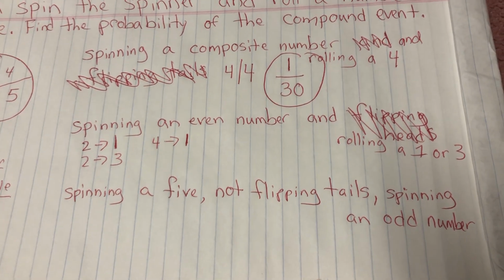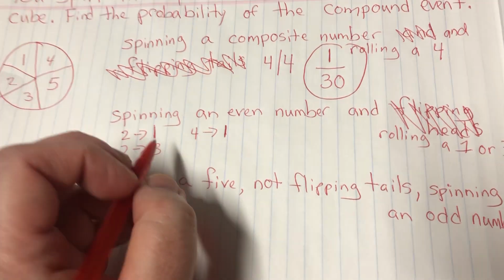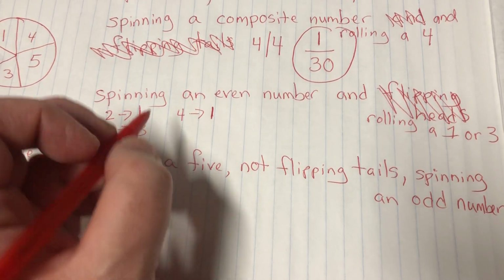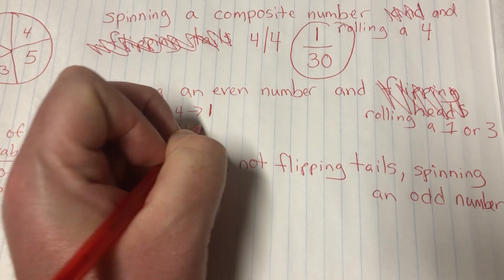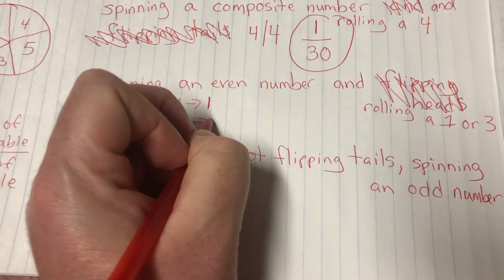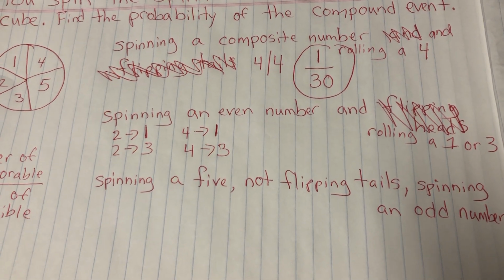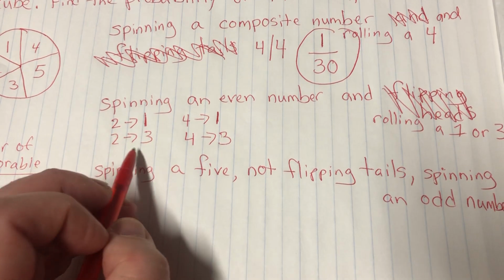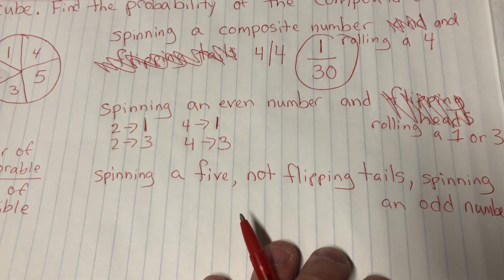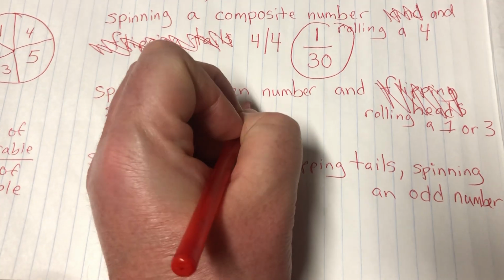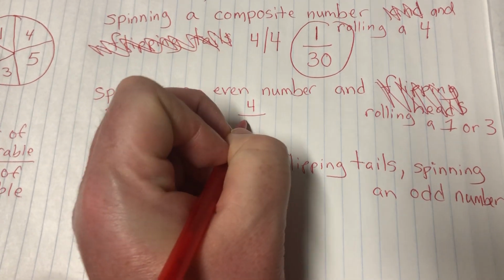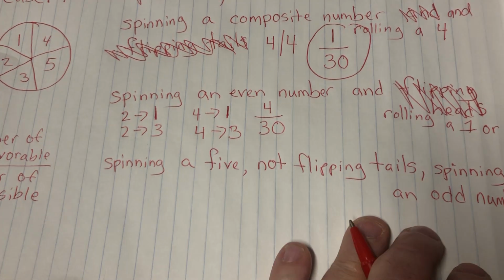And that would be a favorable outcome. I could also spin a 4 and roll a 3. That would also be a favorable outcome. That gives me 1, 2, 3, 4 possibilities. 4 favorable outcomes over 30 possible outcomes.